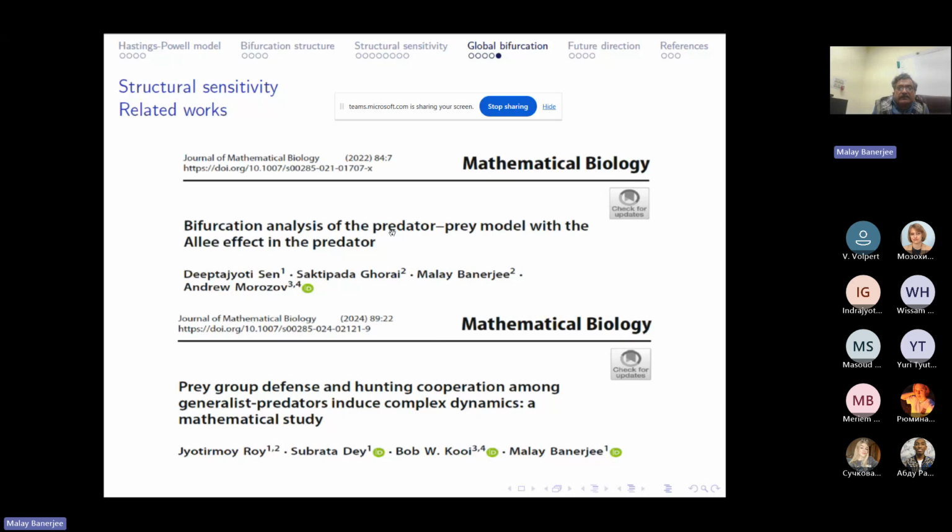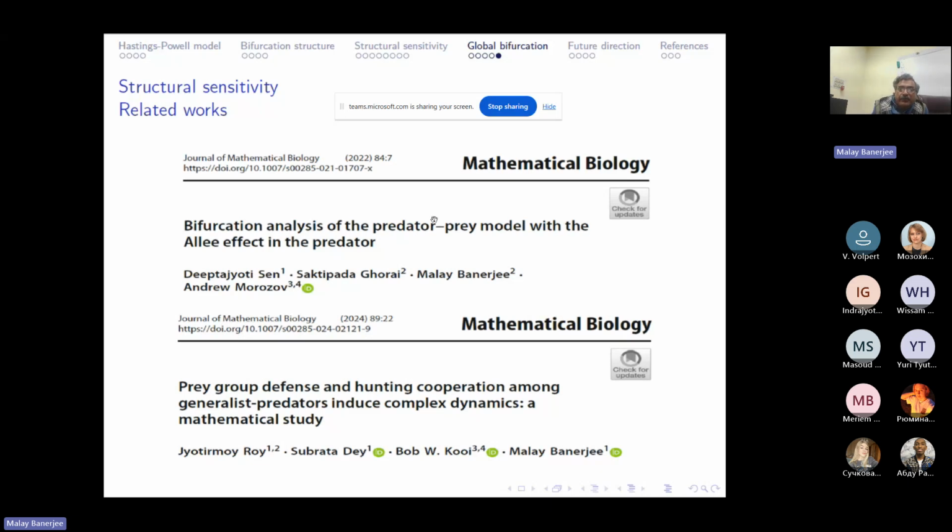So this was done for only a prey-predator model. But in this case, we did not estimate the parameters in such a way that the two functional responses will remain close to each other. Rather, suppose Holling type 2 functional response is given by a1x by 1 plus b1x, and then we have considered Ivlev functional response as a1 into 1 minus exponential minus b1x.